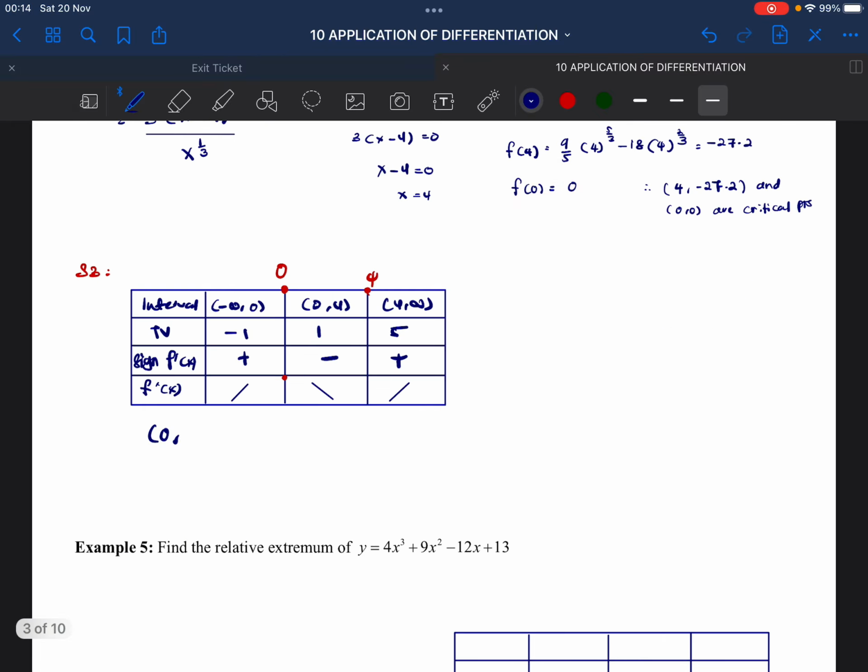So 0 is basically our maximum or minimum point. Here, maximum point. (0, 0) is maximum point. And also, the next one here, the point is 4, negative 27.2, is minimum point.